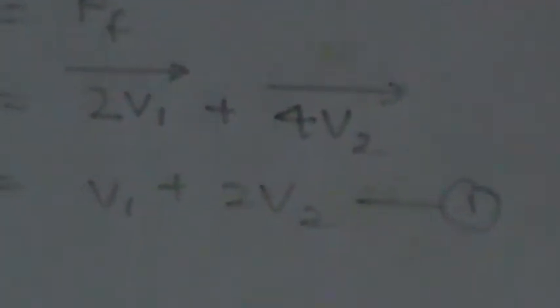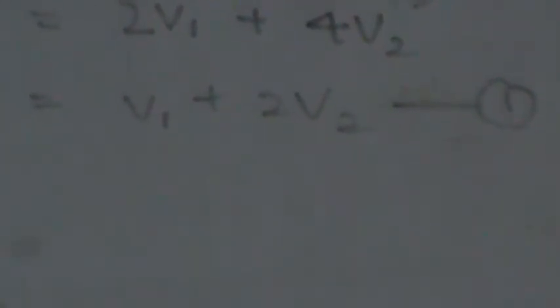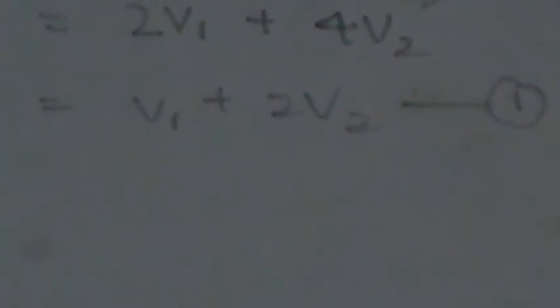Since the total kinetic energy is conserved, you can say that the kinetic energy at the initial position is equal to the kinetic energy at the final position. So from conservation of energy, KEi equals KEf.